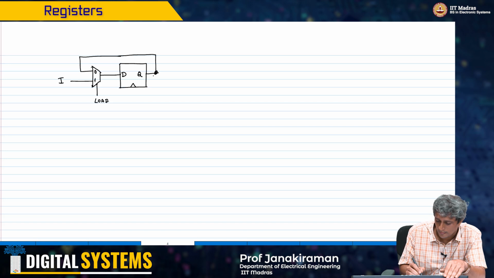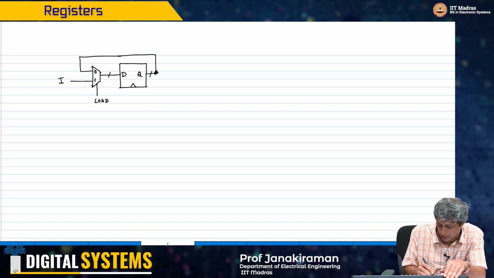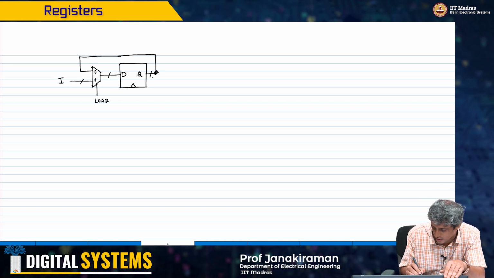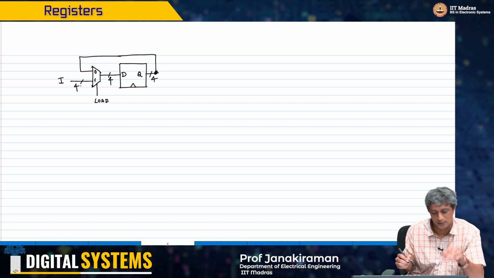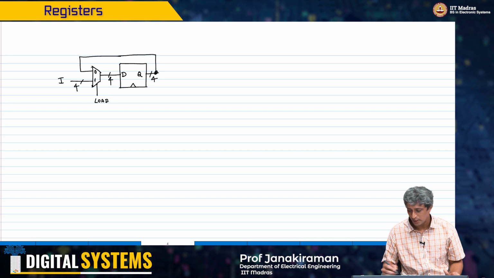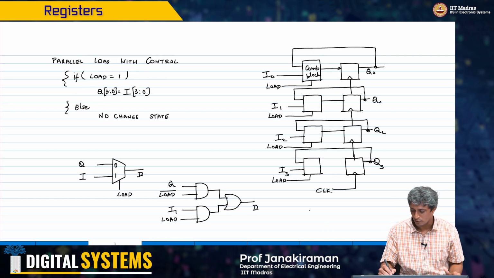Now remember, I am now talking of multi-bit inputs, and therefore this is all 4-bit, this is 4-bit, this is 4-bit, okay, which basically means that when I expand it, it will become like this.